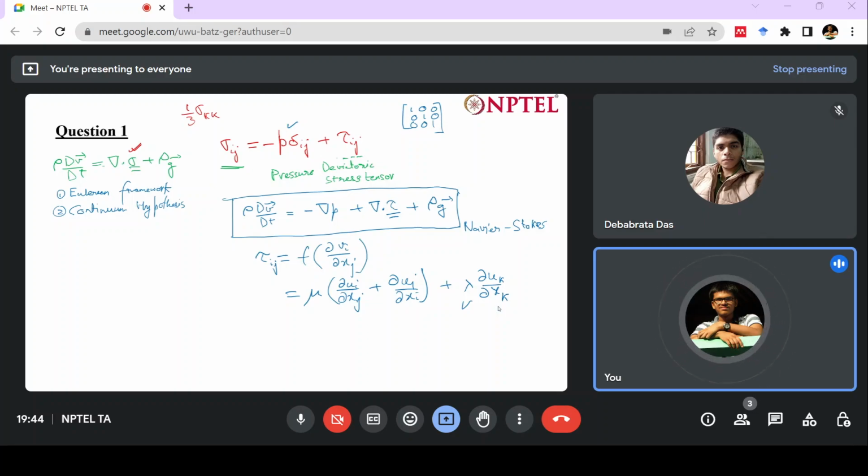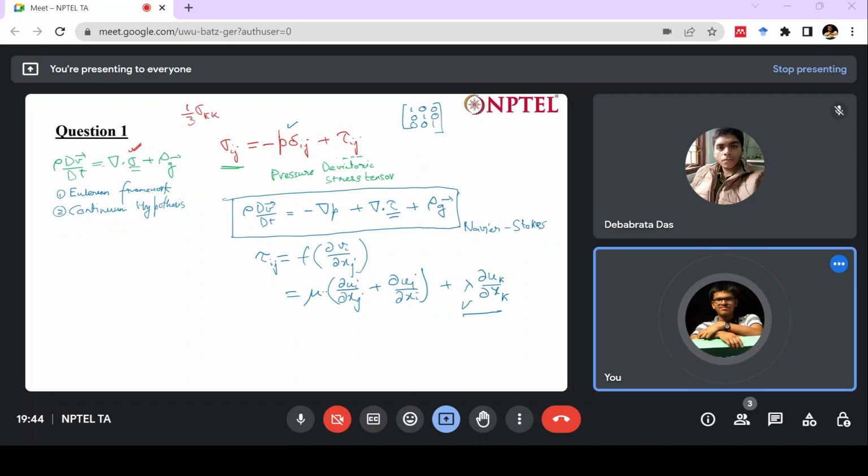And what does the diagonal correspond to? Diagonal corresponds to the linear strains. The linear strains are represented by this second term, and its coefficient is lambda. So that's why this is my volumetric viscosity. The effects of the linear stresses are incorporated.